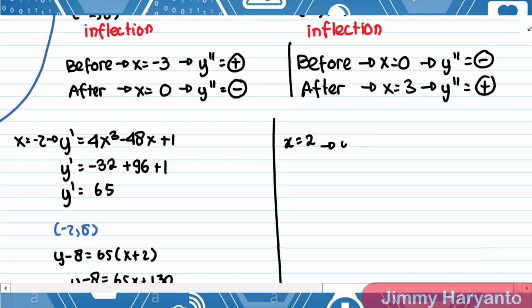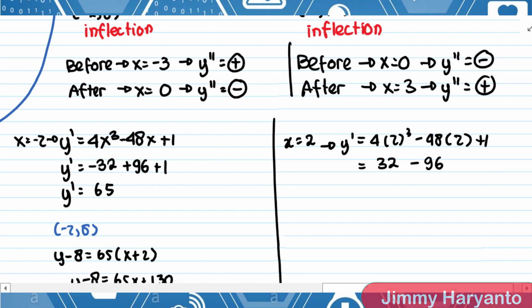For x equals 2, the value of y-accent will be 4 times 2 to the power of 3 minus 48 times 2 and then plus 1. For this one 32, and then for this one 96, and for that one is 1. That means negative 63.